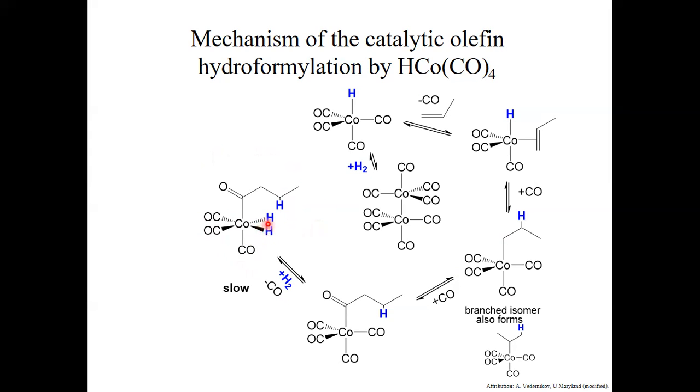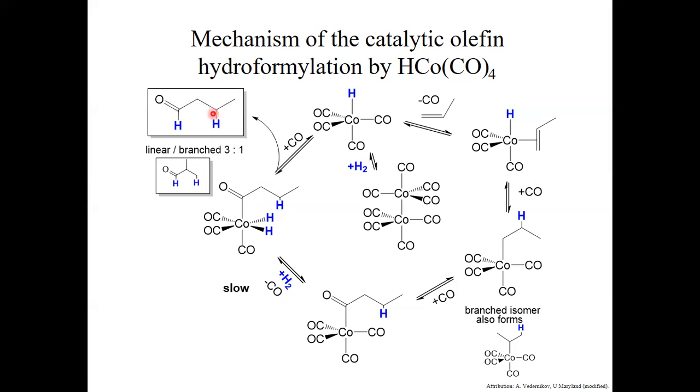So now this complex here can undergo a reductive elimination, okay, which then forms the aldehyde, and at the same time reforms the catalyst. And then the catalytic cycle can begin again, and another olefin molecule is being transformed into an aldehyde. So as mentioned before, this is not the only aldehyde that can form, also the branched aldehyde can form.